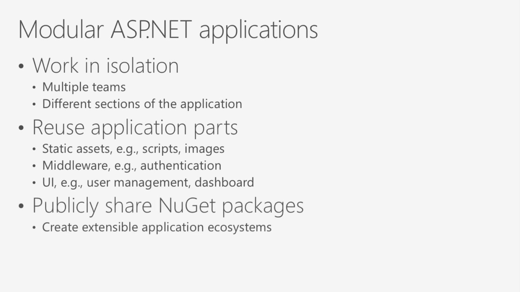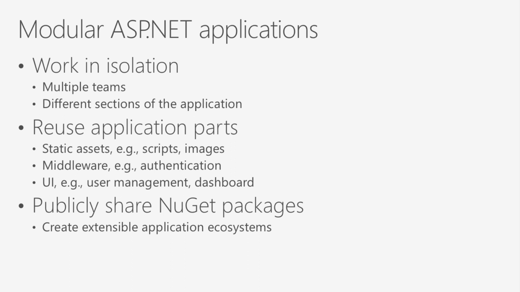And last, imagine you want to develop these parts as a community and publish your components on a public feed like the NuGet gallery or any other gallery. With modules, you can create reusable, public parts that help build a more global ecosystem of application components, like a CMS or an e-commerce, that anyone could publish modules for. That's the goal of making modular applications.